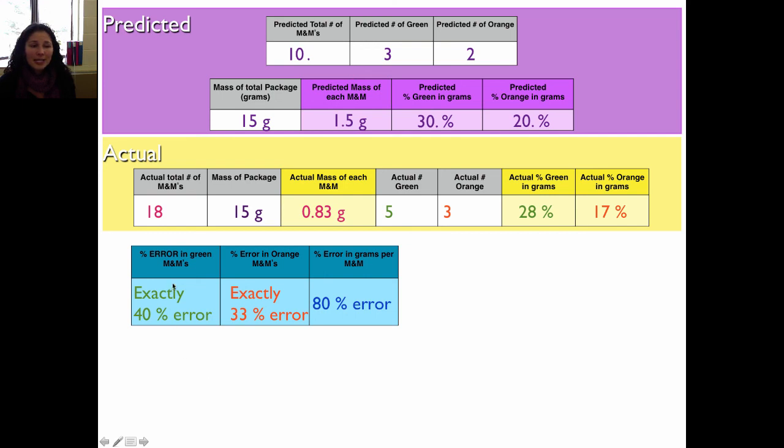For my percent error in green M&Ms and orange M&Ms, I use the number of M&Ms to calculate these. Since the number of M&Ms is an exact number, the number of significant figures in this answer is unlimited. And there's not a really good way to show this, so I'm going to show it here by just saying exactly 40% error in green and exactly 33% error in orange.